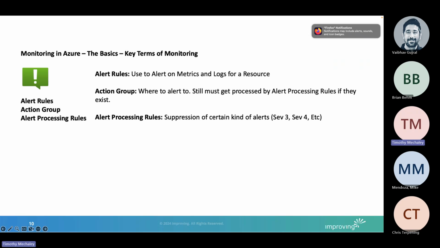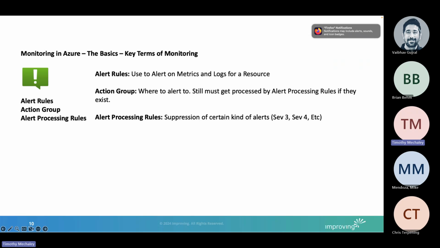Let's just say a resource health alert comes in, and I just want Sev 1 and Sev 2s. Well, I can block out Sev 3 and Sev 4s as the noise, so not everybody's getting alerted on those, and that's what alert processing rules do, by the way.